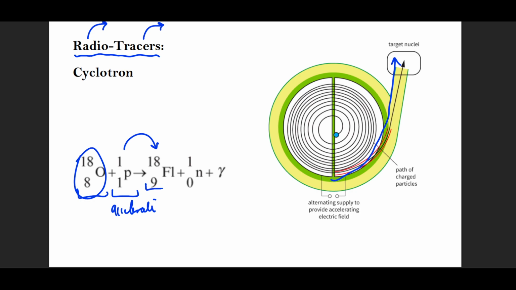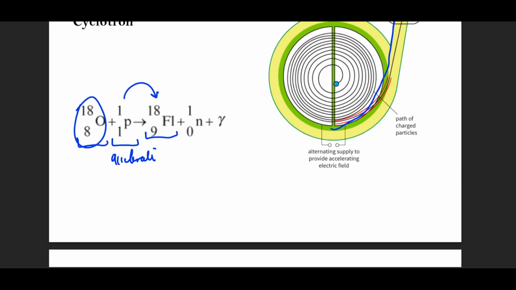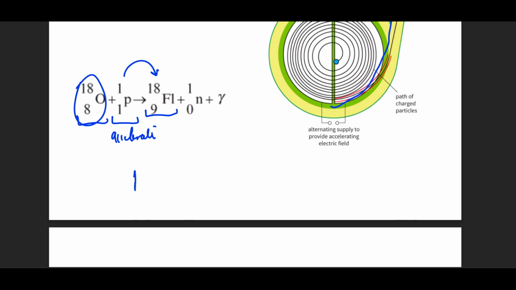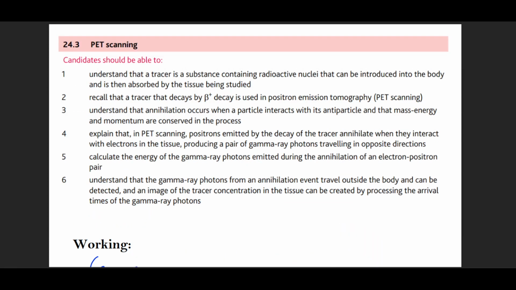Now, this radioactive fluorine is injected into the body. When it is, it decays by releasing beta particles, which are positively charged, which are positrons, right? So this fluorine-18 decays to give us a positively charged beta particle, which is called a positron, hence the name positron emission tomography.